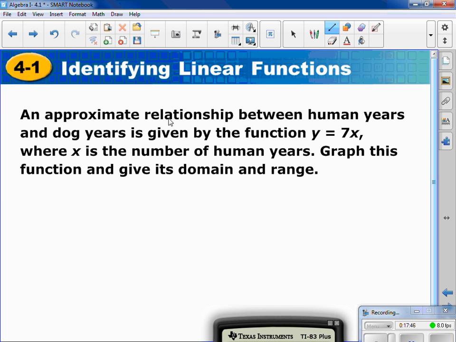I have an approximate relationship between human years and dog years. It is y equals 7x. So for every one of our years, it's technically a dog's 7 years. So if you've had a dog for 1 year, technically he's like a 7-year-old dog. We're going to graph this function and give its domain and range.